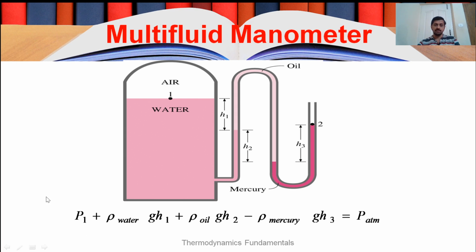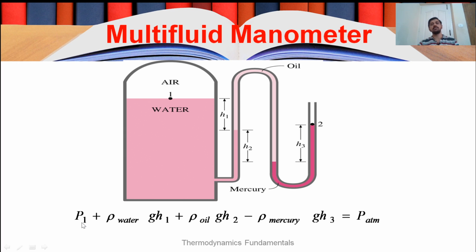We will get the gauge pressure, or the absolute pressure P1. If it is gauge, it will be mentioned as P subscript G. If it is simply uppercase P, that is absolute pressure. Here, if you are considering the atmospheric pressure to be 0, that is 0 reading in a gauge, we will get P1 to be the gauge pressure, P gauge.